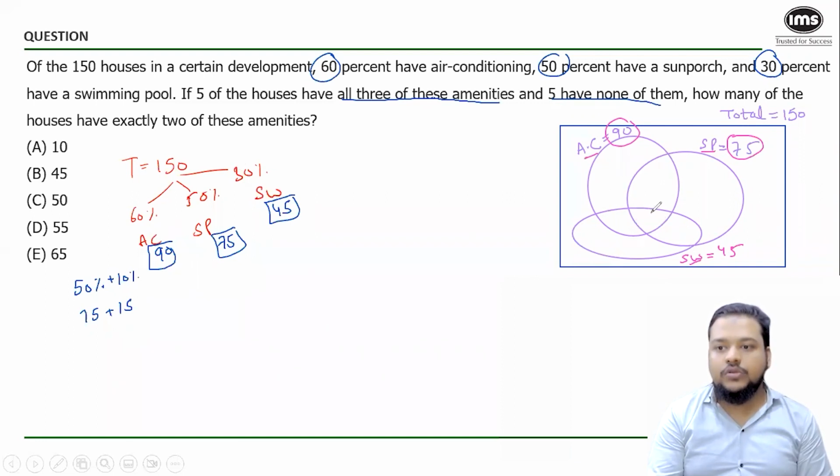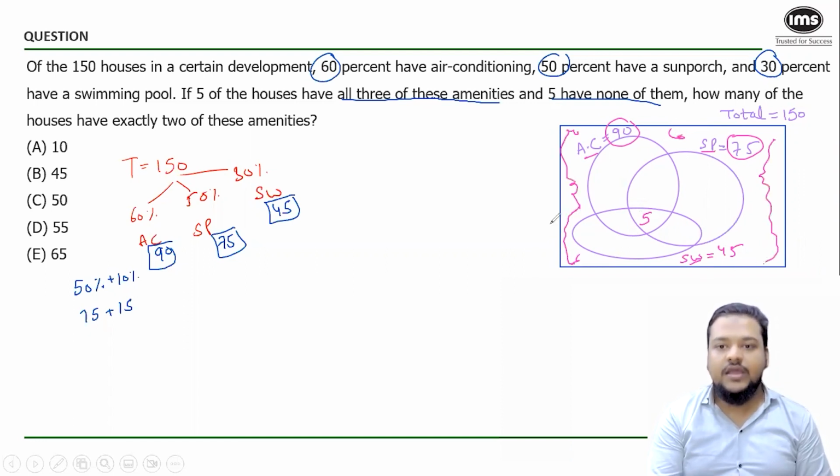Perfect. Now there is one more value to be placed, and that is the neither. Where will you write neither? There are some houses out of 150 which have nothing: neither air conditioning, nor swimming pool, nor sun porch. Outside the circles but inside the rectangle, there is some vacant part. This vacant part is nothing but neither.